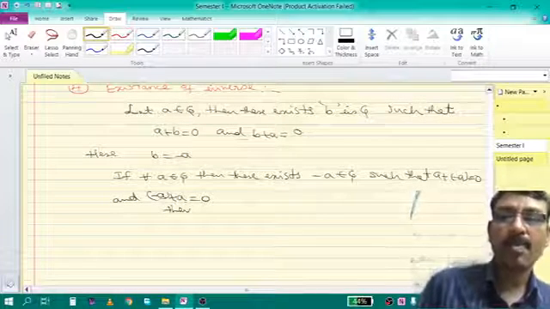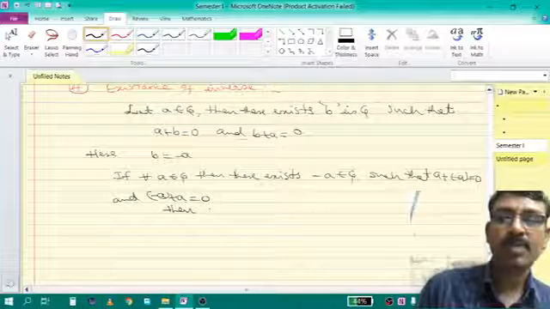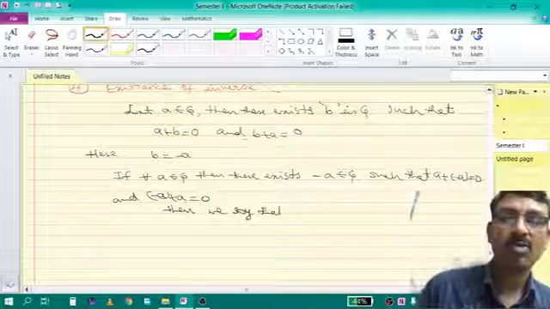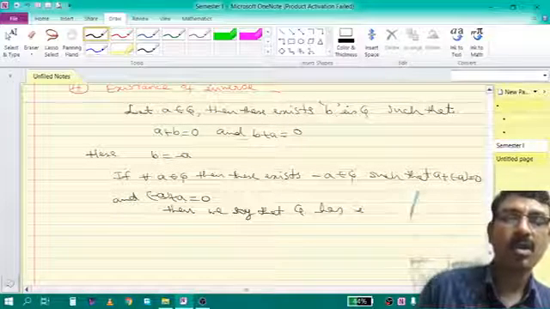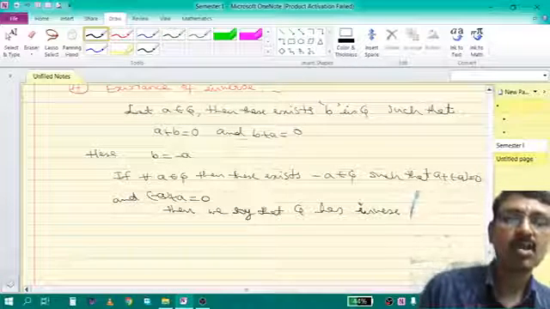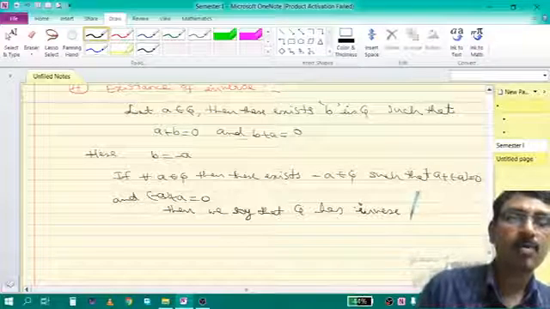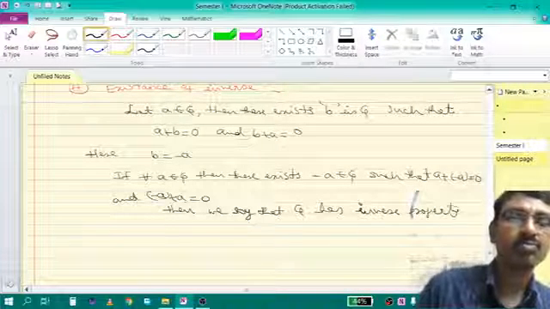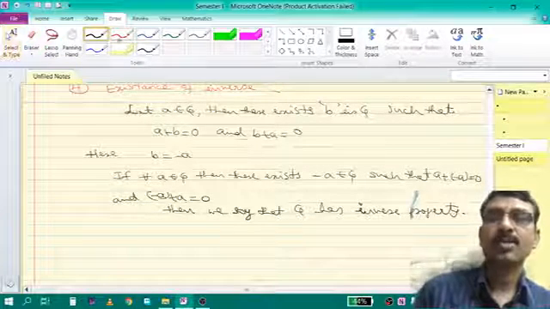Then we say that G has inverse elements or satisfies inverse property. So these are the 4 properties.